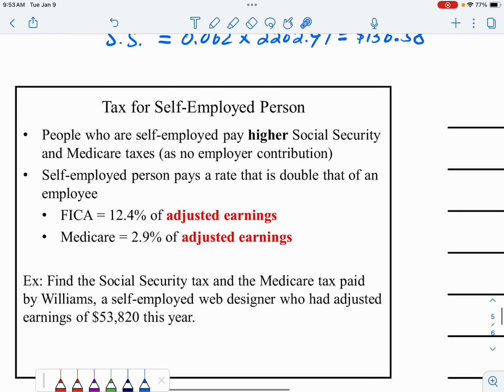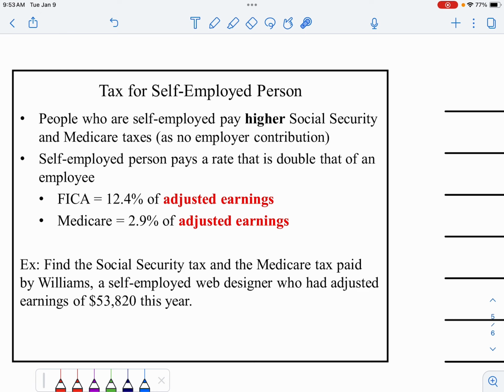All right. Tax for a self-employed person. People who are self-employed pay higher Social Security tax and Medicare taxes because there's no employer contribution. When you are self-employed, you yourself are an employer, so you have to pay double.